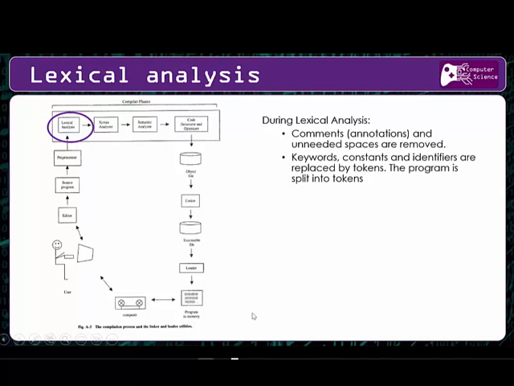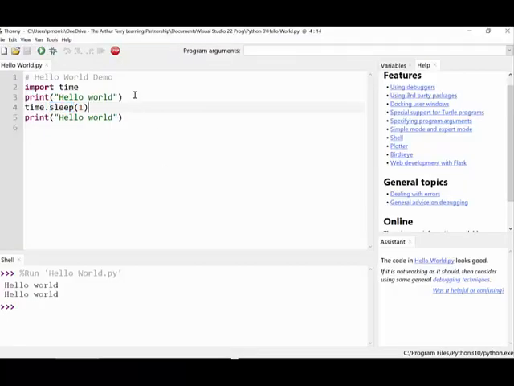So if we look at the first stage, the lexical analysis, this is where our comments, spaces, and all these things are removed, and we've got our keywords replaced with identifiers. At this moment in time, you think, well, that makes no sense to me. Well, it talks about being split into tokens. What are these tokens? At this stage, if I just quickly go back to Thonny, at the moment I've got my program here.